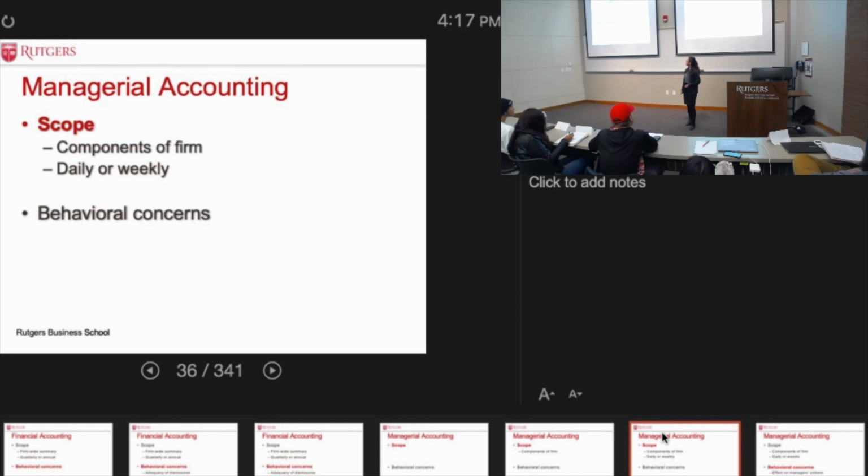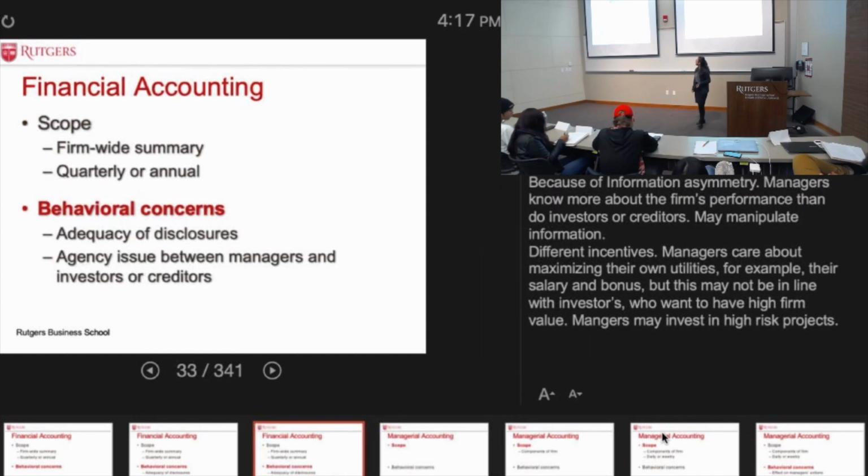And for the behavioral concerns, behavioral concerns means that human behaviors can have some impact on the financial reporting or the managerial accounting practice. For financial accounting, the behavioral concerns are always about whether or not the financial reporting covers the adequate information that it should cover, right?